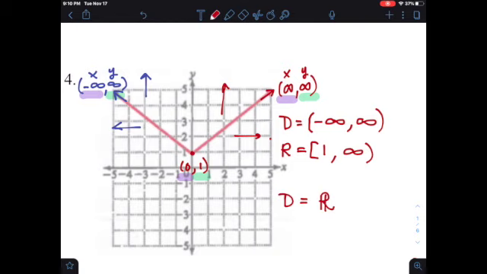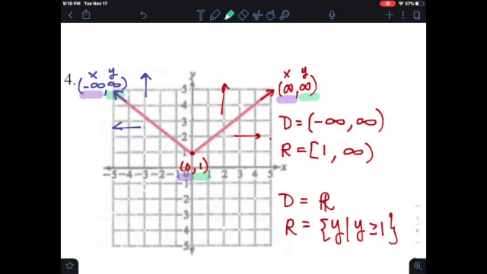And then the range is going to be, in set notation, y, not x, y is greater than or equal to 1.